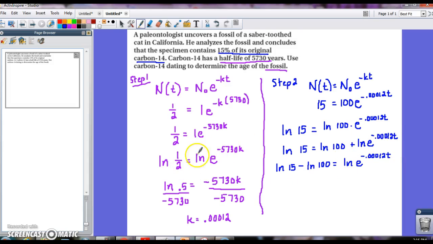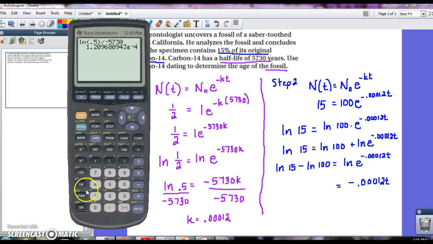It should just equal my exponent, negative 0.00012t. If I take the natural log of e to something, my answer is just that something. Over here, I can do this in my calculator: ln of 15, close the parentheses, minus ln of 100, close the parentheses.